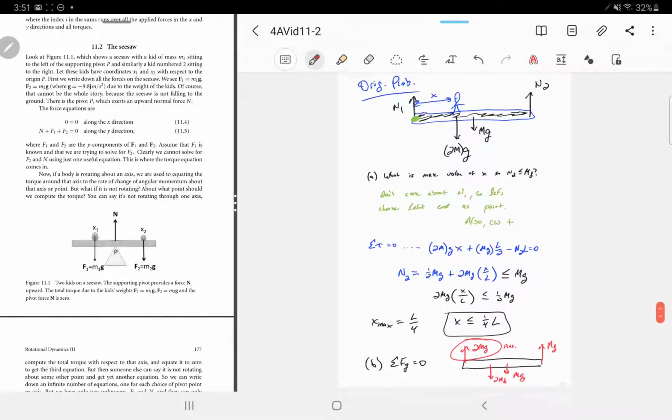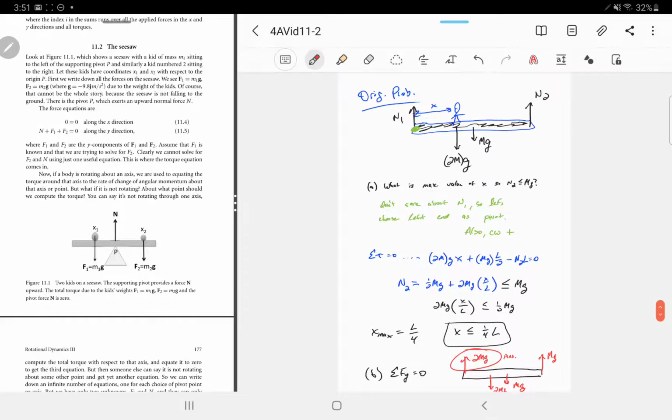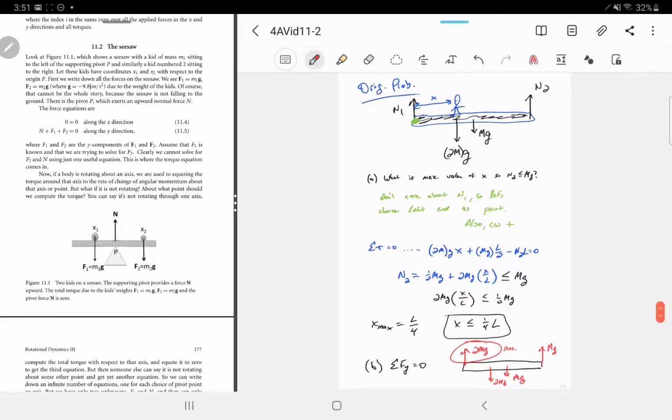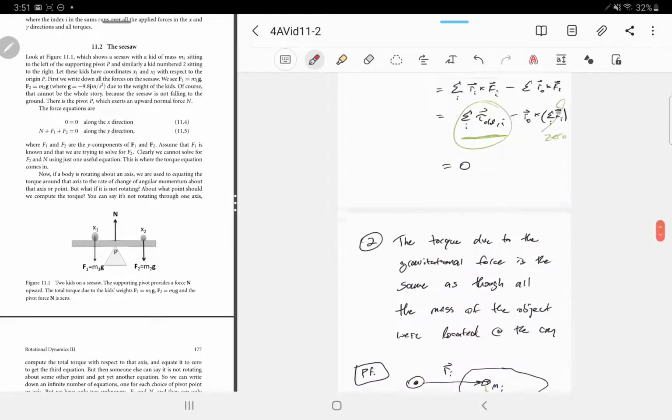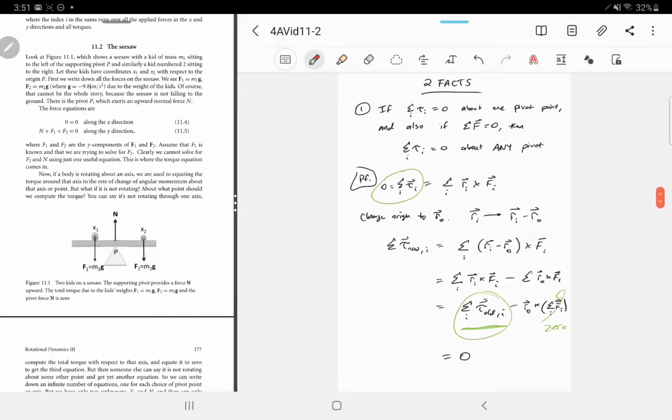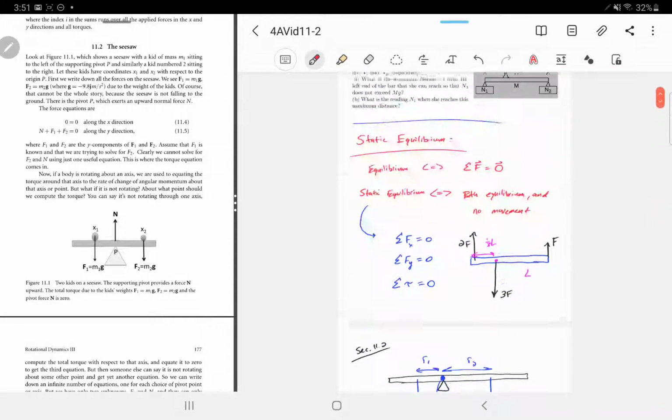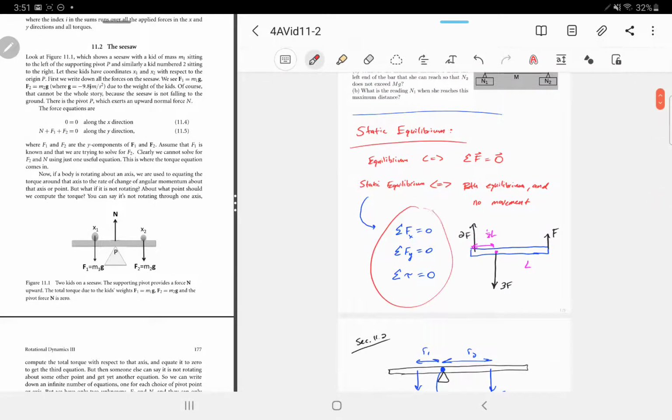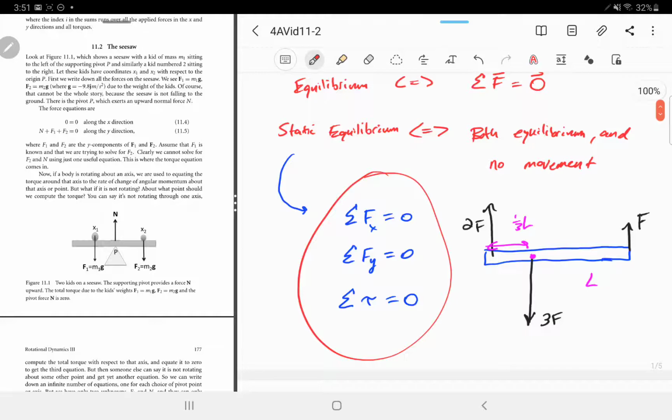So this is the type of thinking that goes into all of these sum of torques equals 0 equations. You have 3 equations to play with, basically. Most of the time, the easiest way to go forward is to use 2 force equations, 1 torque equation.